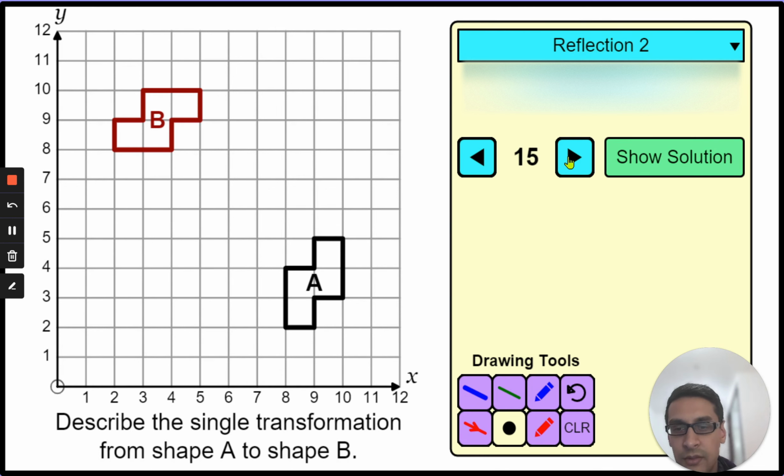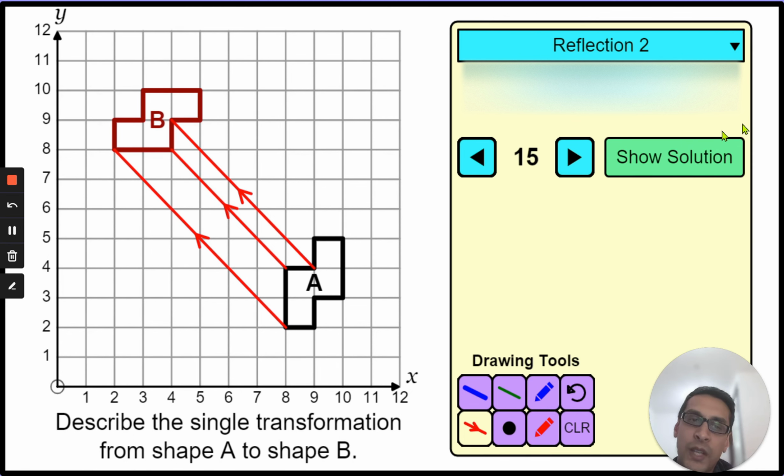Question 15. Describe the single transformation from A to B. Again, find corresponding vertices. So in this case I am going to use this one here, this one here, and just for giggles let's use this one here. So count the number of diagonals that we're crossing and then find the midpoint.